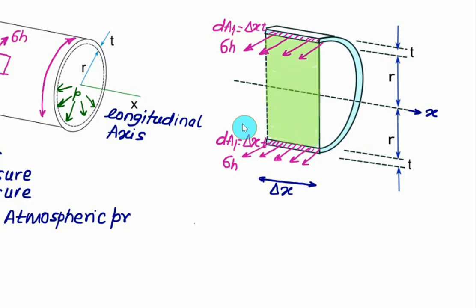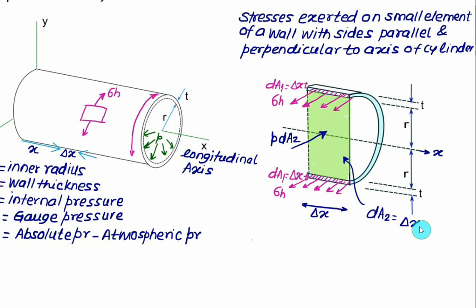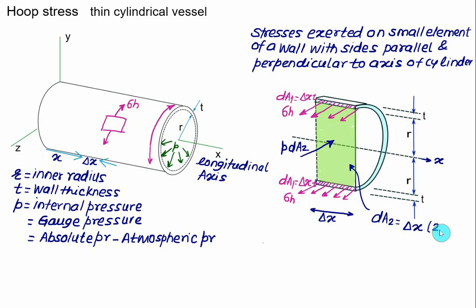This time we assume that the intensity of the pressure remains constant, and the pressure force will act on this green area, that will be equal to P multiplied by the area dA2, and this area dA2 will be equal to width delta x and total height 2 times r. So one force is acting in the negative direction of z, and sigma h multiplied by dA1, and again sigma h multiplied by dA1 is acting in the positive direction of the z axis.